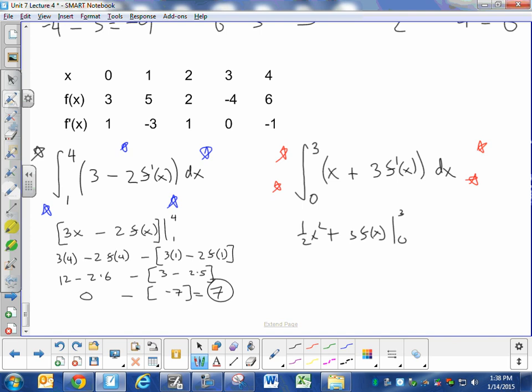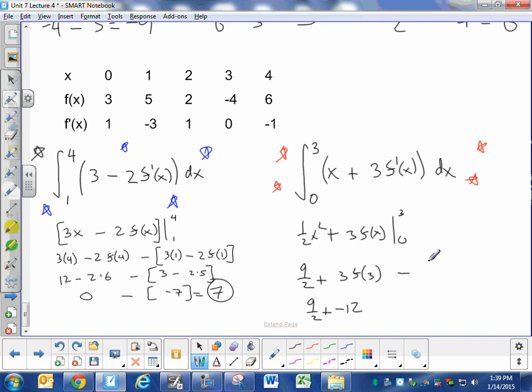That's going to be the antiderivative of x plus the antiderivative of 3f prime. That'd be 1/2 x squared plus 3f from 0 to 3. So that'd be 9/2 plus 3 times f of 3. F of 3 is negative 4, so 9/2 plus negative 12.